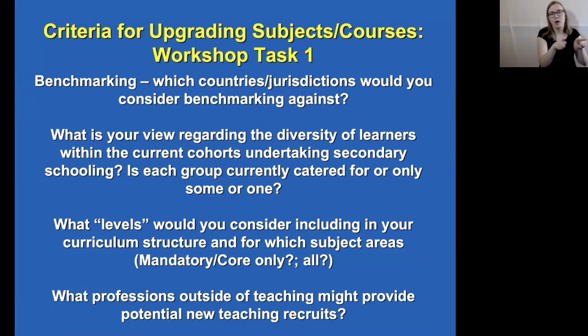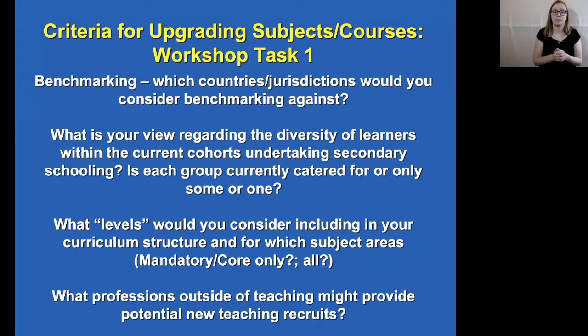Do we know that there are some students that really have difficulty engaging with grade 11 and 12 because the subjects really are pitched too high? When I say pitched, I mean the expectations, the content is too difficult for them. They haven't got the underlying knowledge and skills.